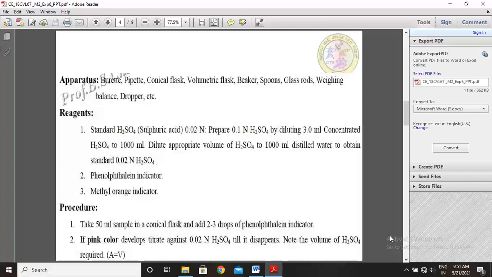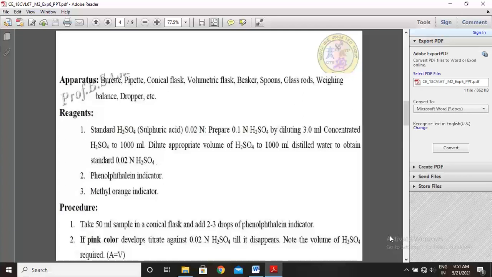Next, what is the procedure to conduct this experiment? Take 50 ml sample in a clean conical flask and add 2 to 3 drops of phenolphthalein indicator. If pink color develops, titrate against 0.02 normality sulfuric acid till it disappears.